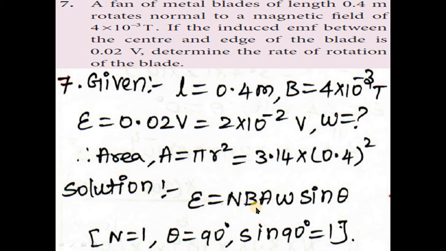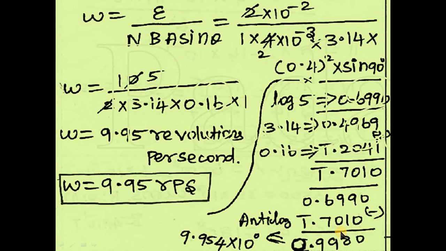What is the formula? Epsilon is equal to NBA omega sin theta. Here number of turns is not mentioned, so we can take N is equal to 1. Theta is always the perpendicular direction, that means theta is equal to 90 degree. Sin 90 degree value is 1.